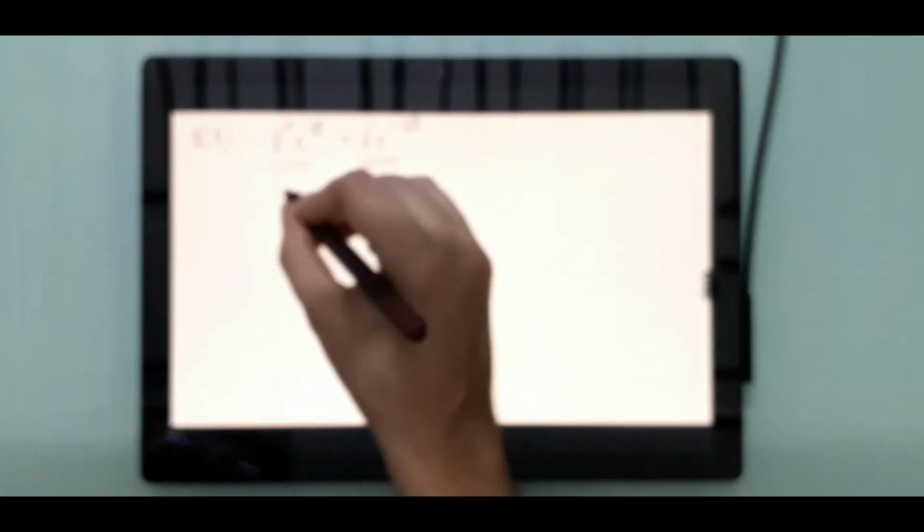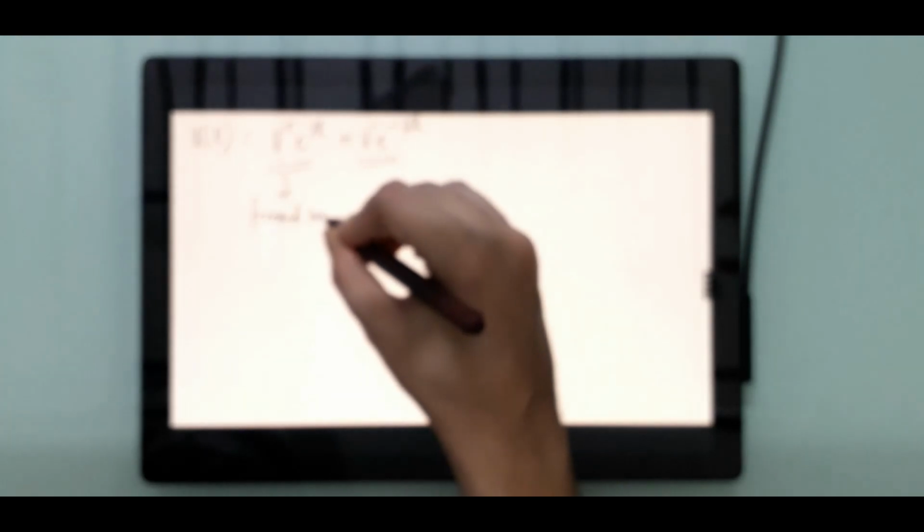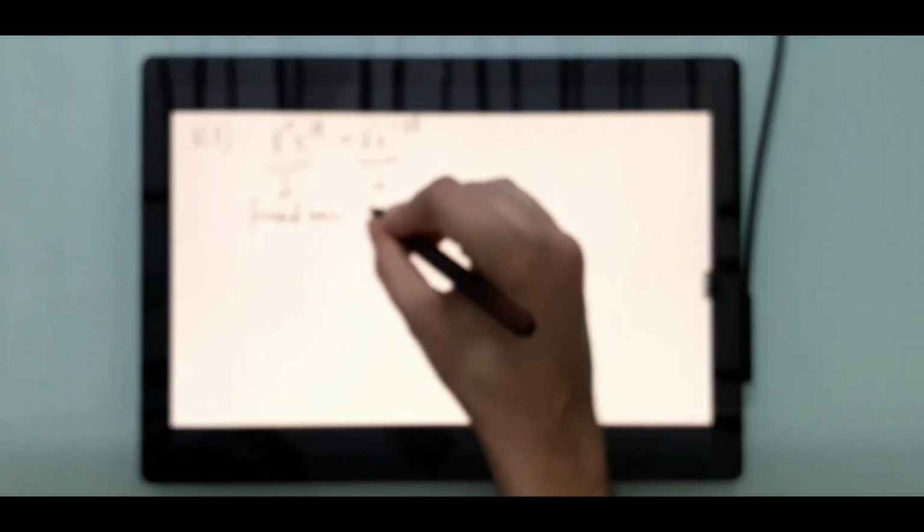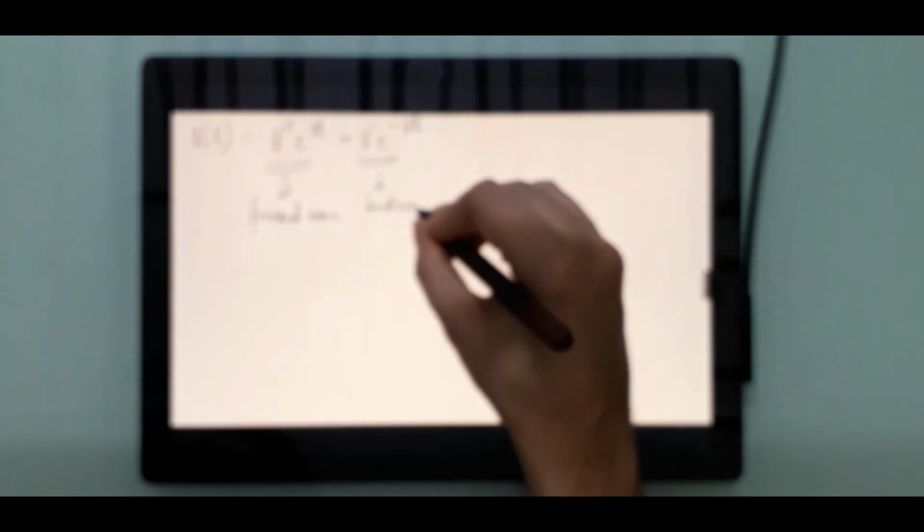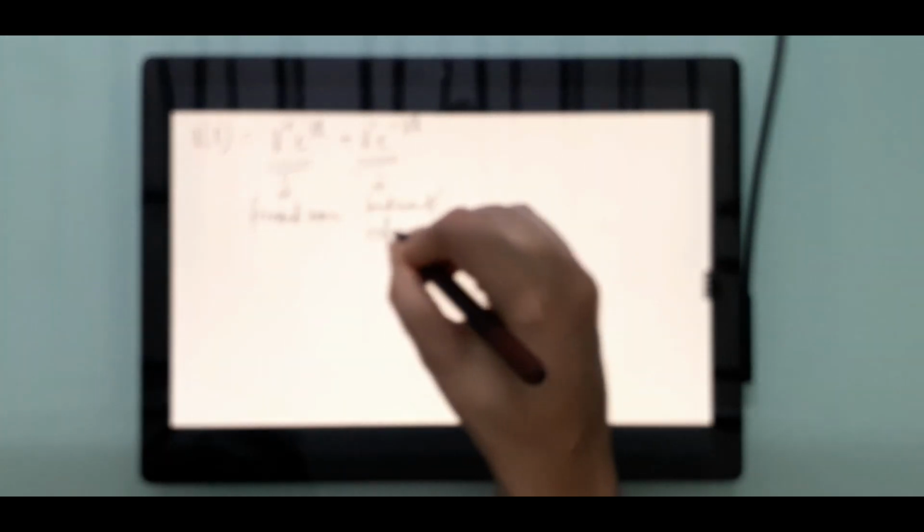Now, we have already proved that this first term indicates the forward wave, and this indicates the backward or the reflected wave.